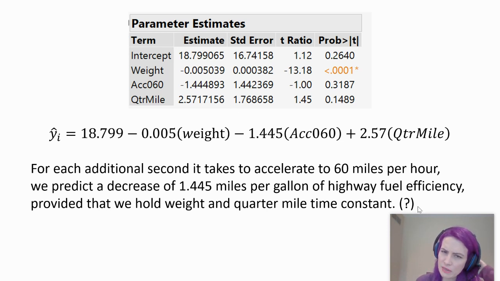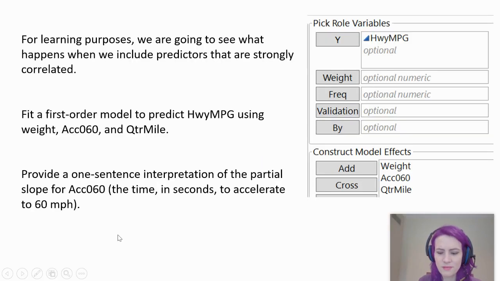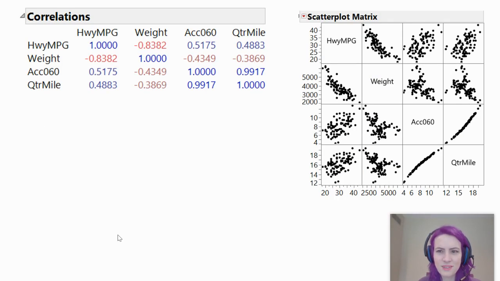Think about that for a second. So the longer that it takes to accelerate, we predict the miles per gallon is going to go down. But we just said on our scatter plot matrix that the relationship between acceleration and highway miles per gallon should be positive.